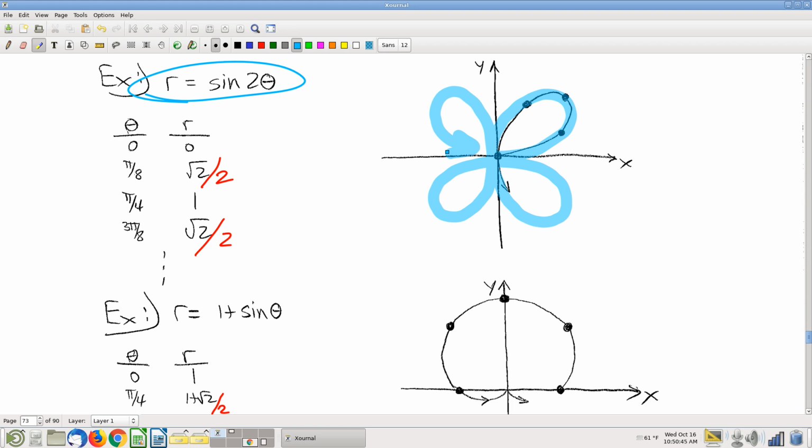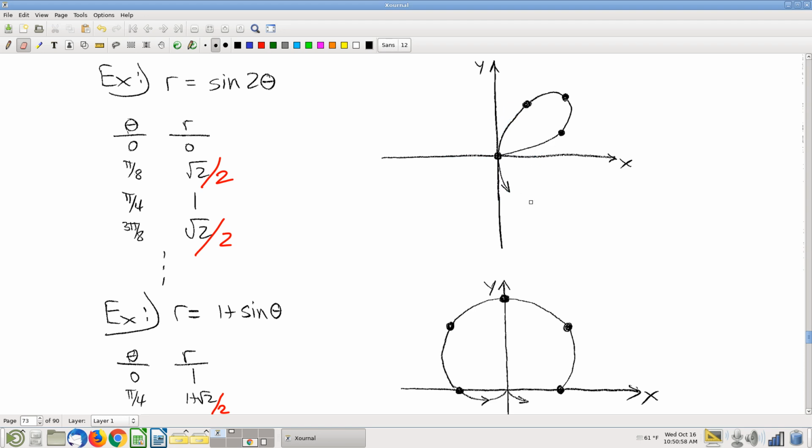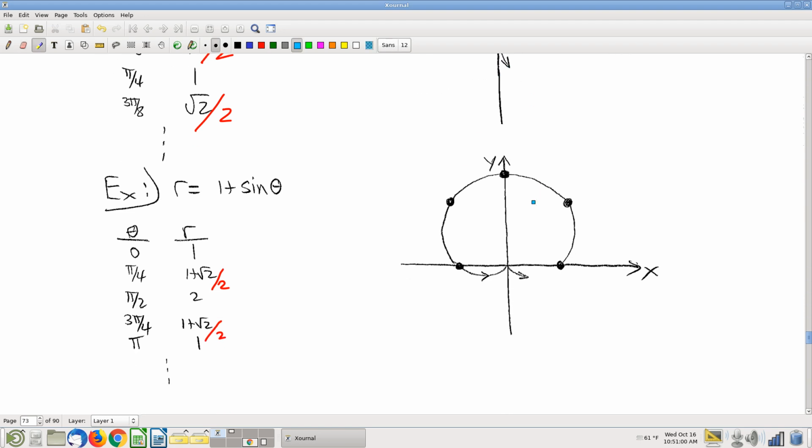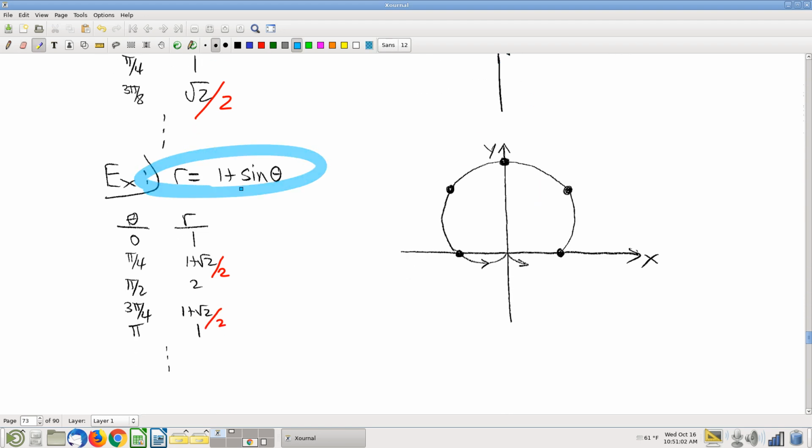Notice r can be negative, and it often is. As a result, it jumps through the origin a bunch of times and makes a little four-leaf clover, which is kind of neat. And then likewise, this other one is a little bit less pretty, I think. It's subjective, right? But this gives you a shape that has a little bounce in it. It's like somebody took a circle and poked their finger from the bottom.